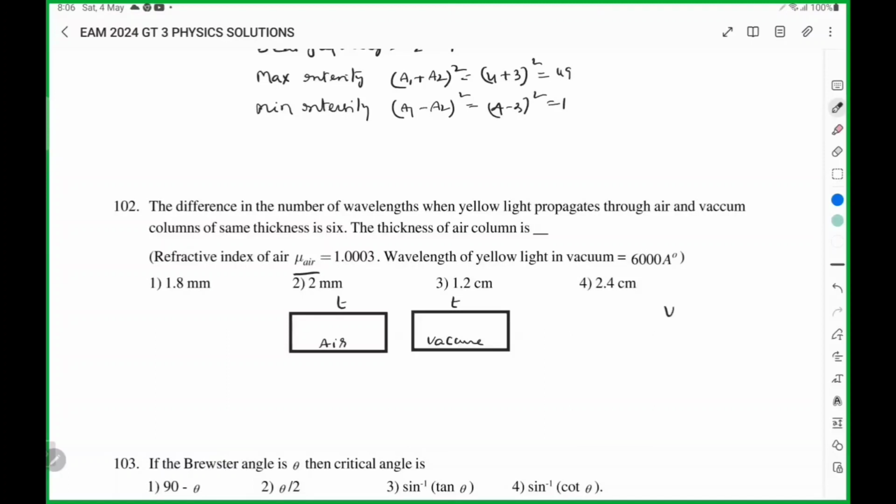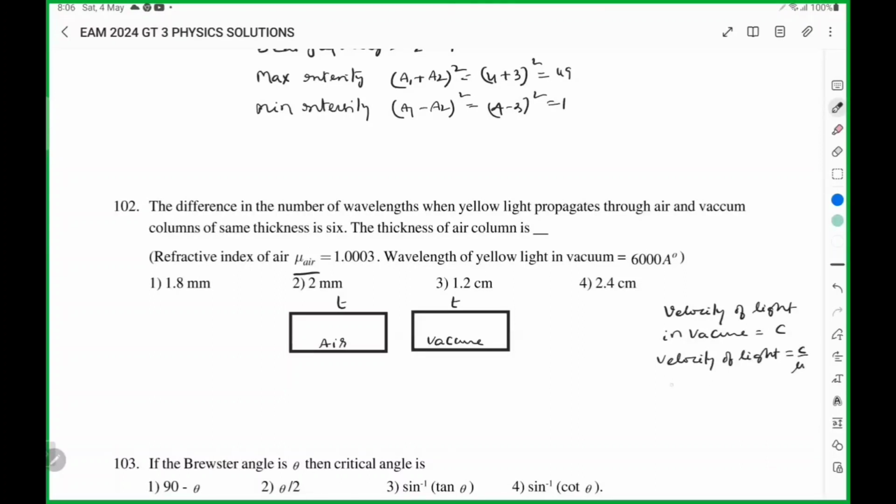So velocity of light in vacuum is c, and velocity of light in a medium is c by mu.